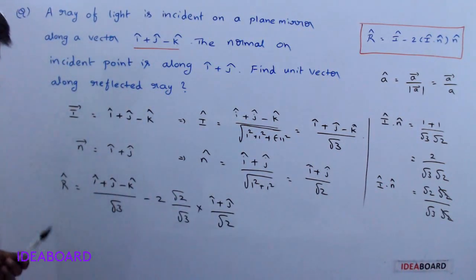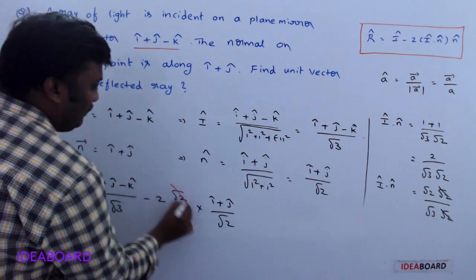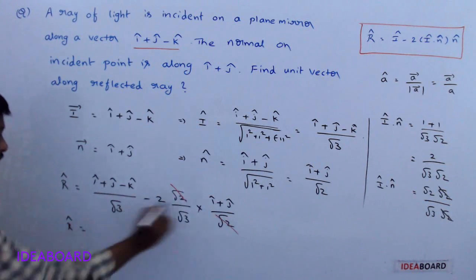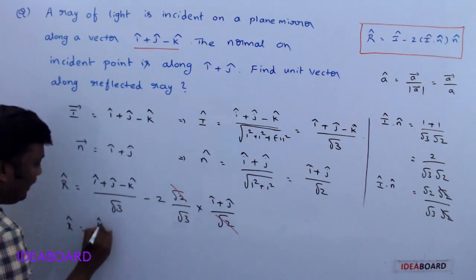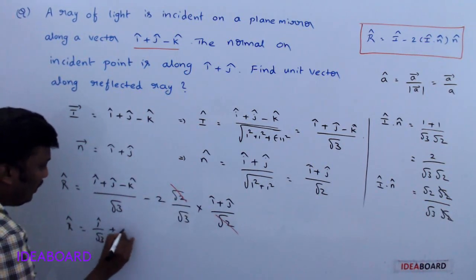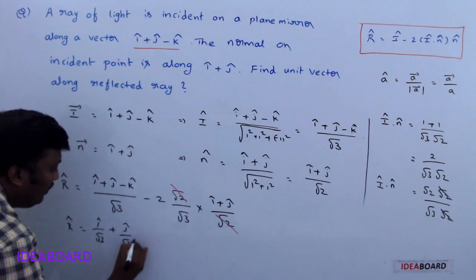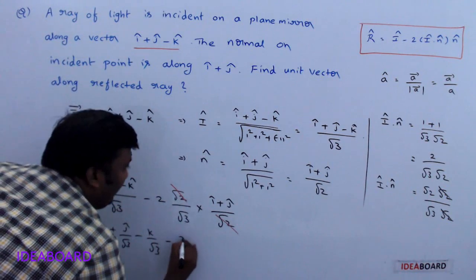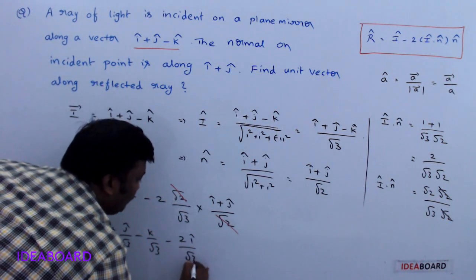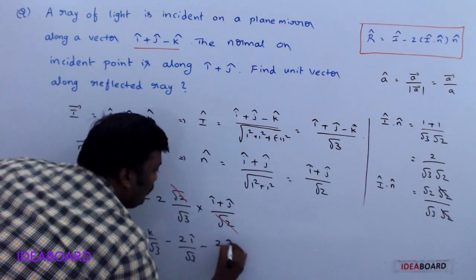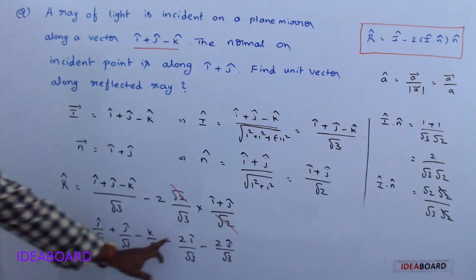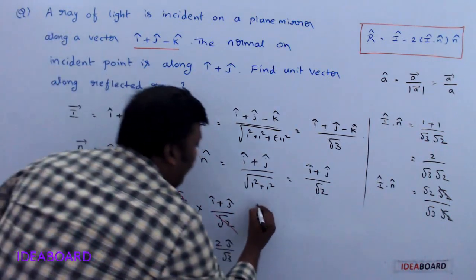So here root 2 cancels now. Then what we have? r cap is equal to, this we write as i by root 3 plus j by root 3 minus k by root 3. Here minus 2i by root 3 minus 2j by root 3. So this is i by root 3, this is minus 2i by root 3. So what is the value of r cap?